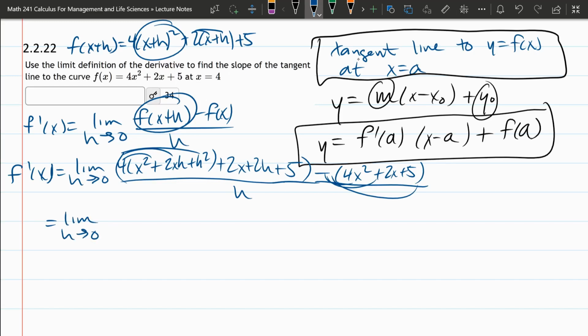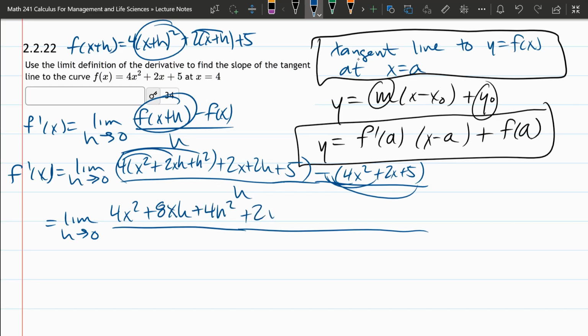Possibly the worst fraction you've written in your life. 4x squared plus 8xh plus 4h squared plus 2x plus 2h plus 5. Now I'm distributing the negative: negative 4x squared, negative 2x, minus 5.